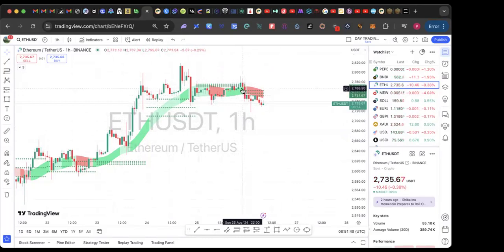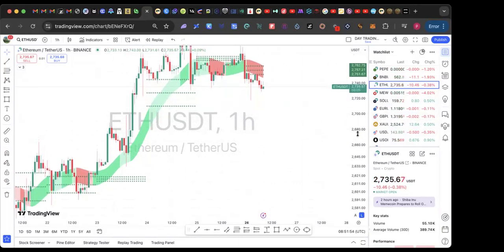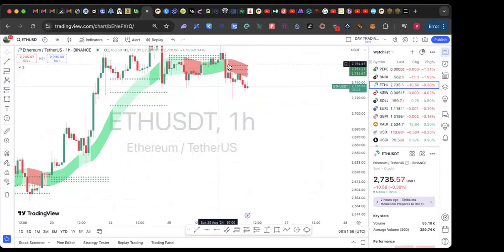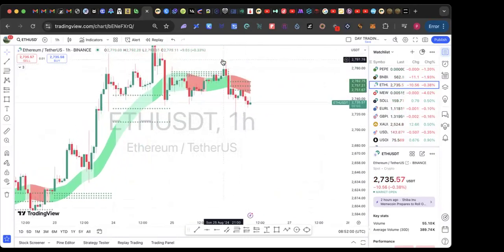So I would rather wait for Ethereum to actually come and mitigate that. Yeah, you look at it. This is the other block, a bearish order block. Here we have come to this point.